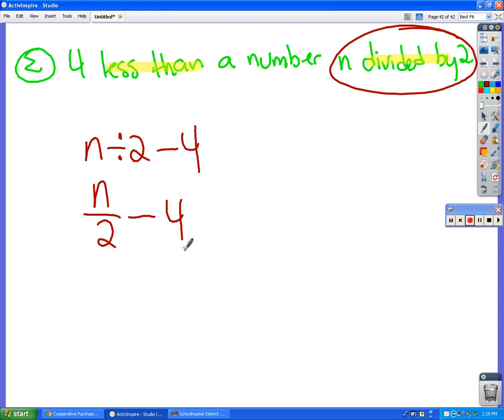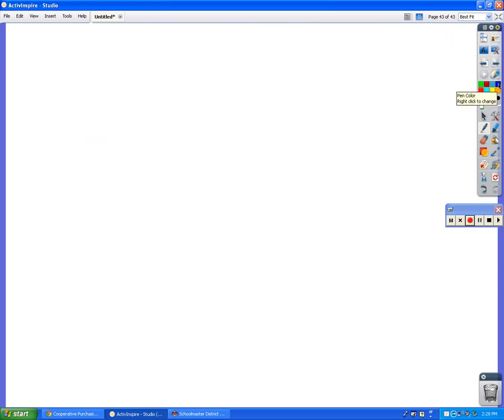All right, let's go backwards. Let's start with the algebraic expression and write it out in words. So we're going to start with the expression and then write it out using words. First of all, I'm going to start with the 4. What word would you like to use for this? Less than. Okay.